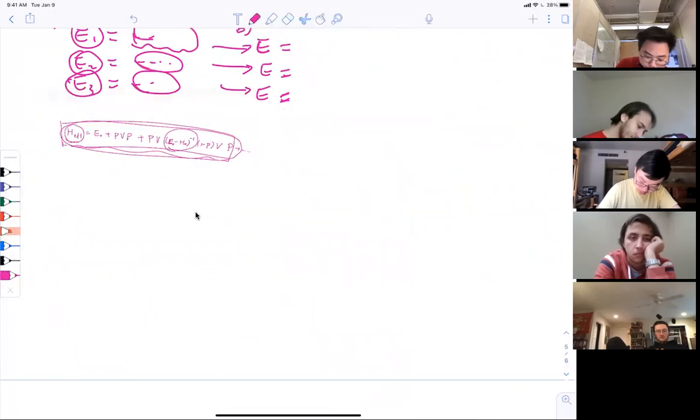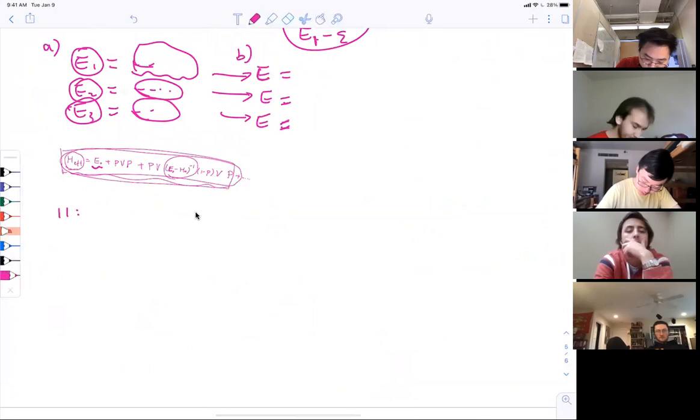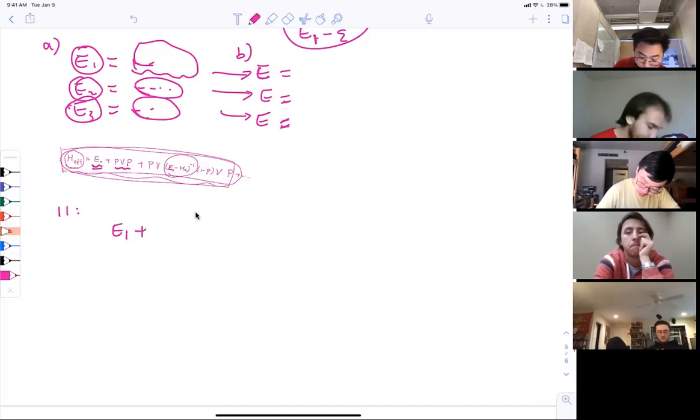So for example, for the 1,1 element, it's given by, the first guy is E1, right? This guy is 0, right?